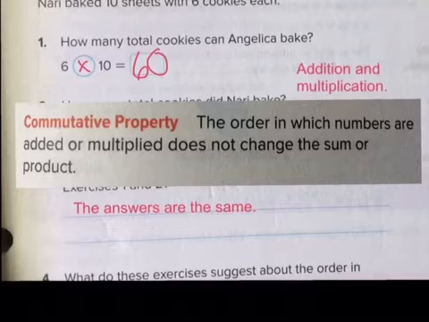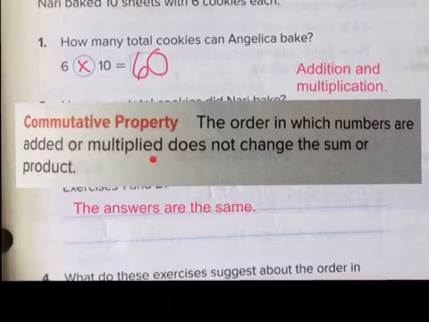If you look in the back of your book, you'll find the definition, commutative property, which implies that the order in which the numbers are added or multiplied does not change the sum or product, does not change your answer. Remember, sum is when you add and product is when you multiply.